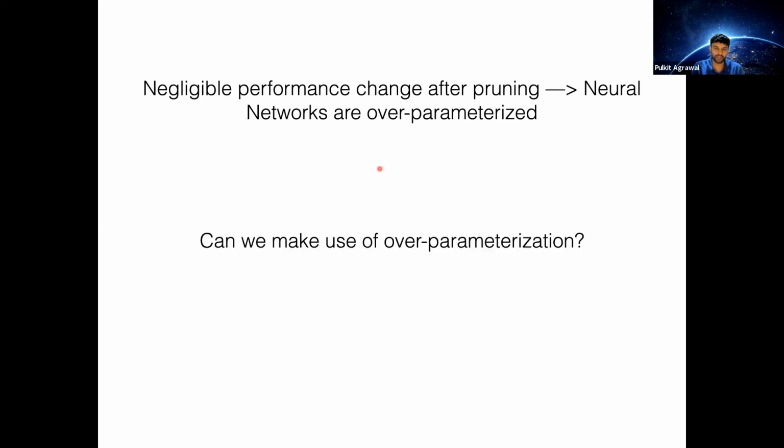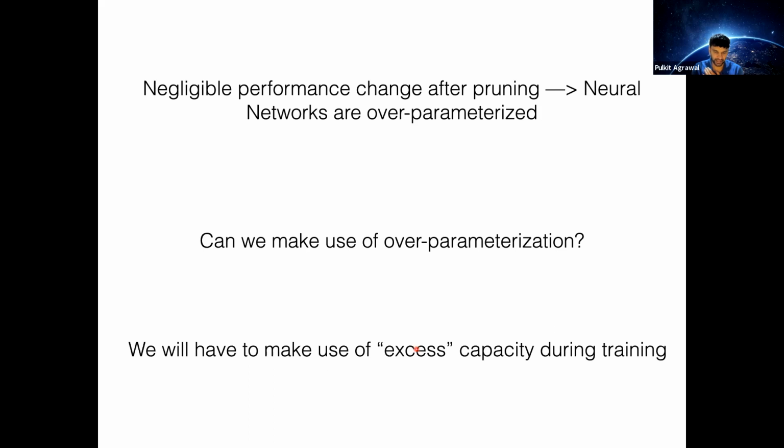So can we somehow use this overparameterization to try to pack more and more tasks inside the neural network? If I just have one model, you can ask the question, how many tasks can I pack into that one model, right? And can we be clever in how we go about doing it?